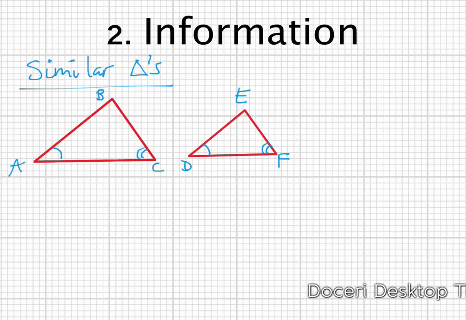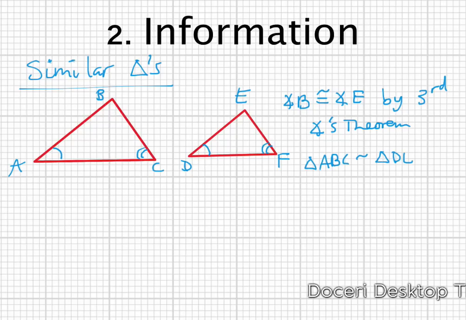So that means that angle B will also be congruent to angle E, okay, by the third angles theorem. And because of this, I can then say triangle ABC is similar to triangle DEF.